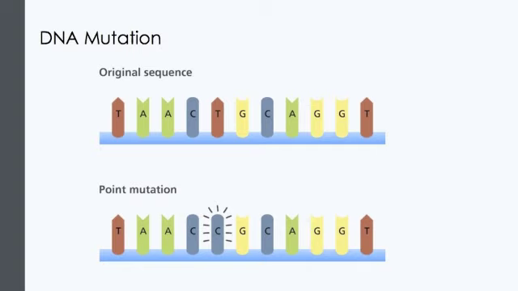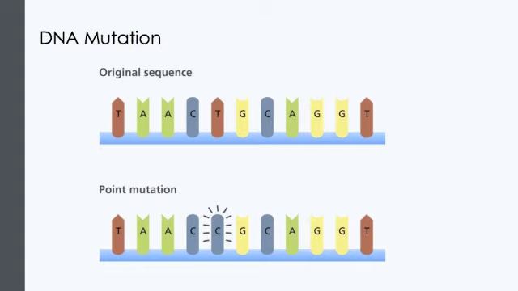So let's think about this critically. The sequences that we see on the screen are DNA sequences. How can you tell? Well, remember, the DNA sequence contains the base T. If this was RNA, we would see the base U in place of the T. So let's say, for argument's sake, that the sequence that we see on the screen is the template strand.